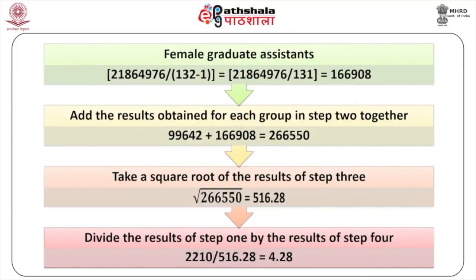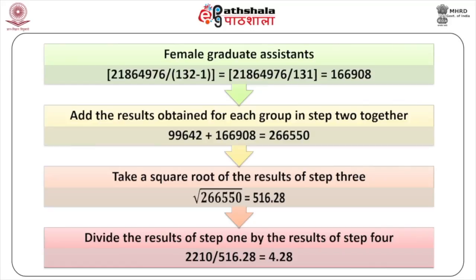And for female graduate assistants, we have 21864976 divided by 132 minus 1, that is 21864976 divided by 131, which comes out to be 166908. Third, add the results obtained for each group in step 2 together, that is 99642 plus 166908, which comes out to be 266550.